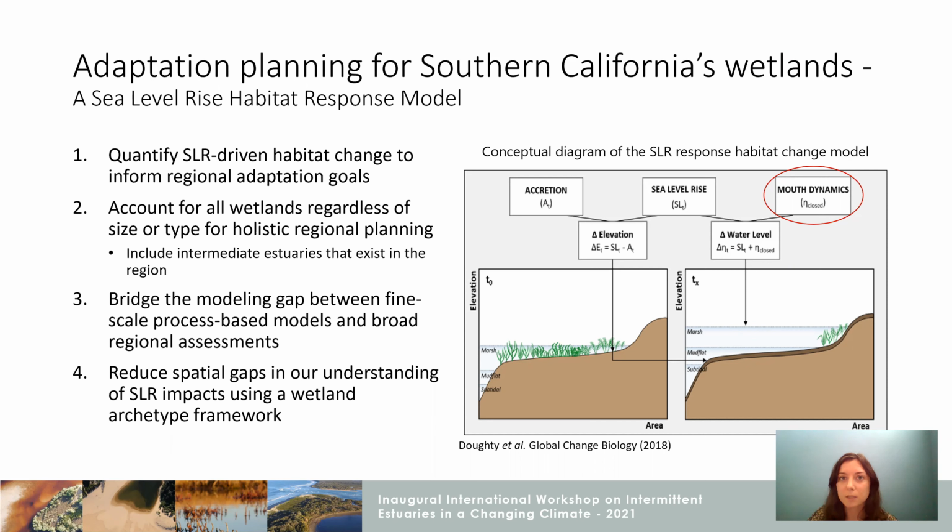Our model was based off of wetland elevation, specifically hypsometry, and predicted changes in elevation and water levels based on model inputs of accretion, sea level rise, and mouth dynamics. A lot of work went into developing this model, and you can definitely check out our paper for more information. But today, I wanted to focus specifically on this mouth dynamics component that we included so that we could better predict changes in these IOCEs.